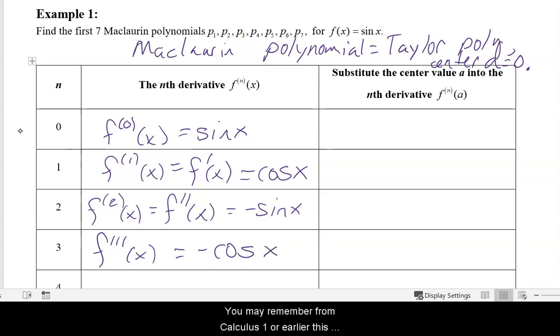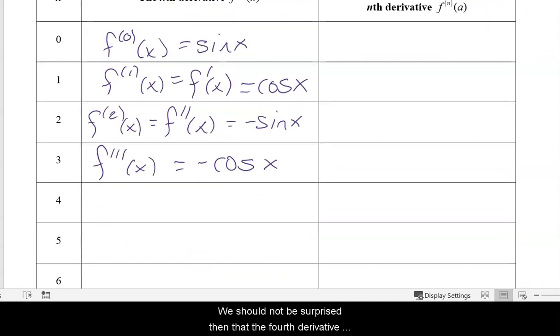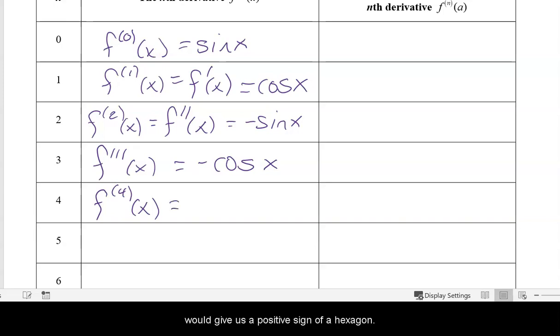You may remember from Calculus 1 or earlier this semester when we did integration by parts that both sine and cosine repeat in a pattern that's 4 long. We should not be surprised then that the fourth derivative of the function, note the 4 must be in parentheses, would give us a positive sine of x again.